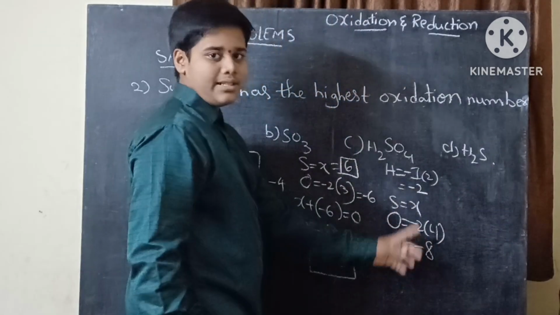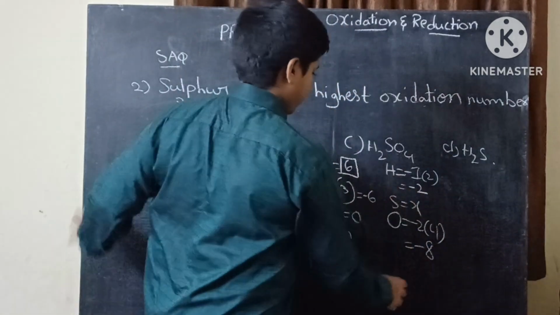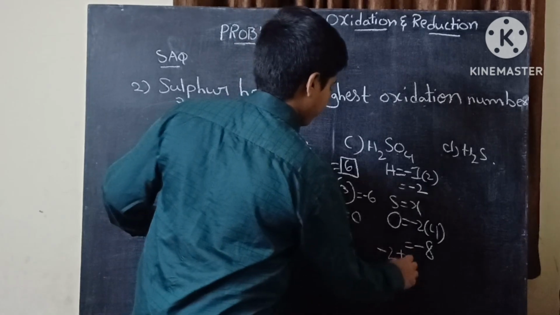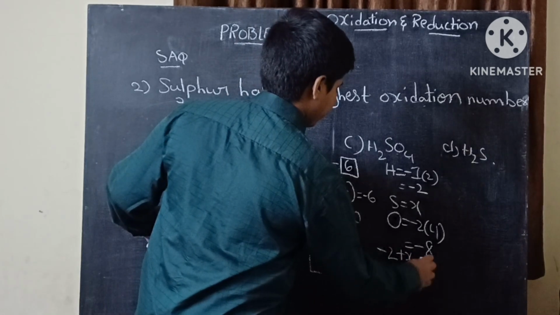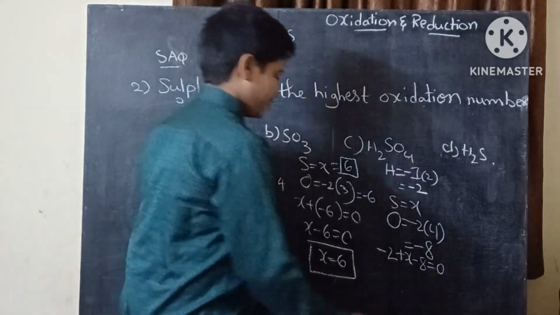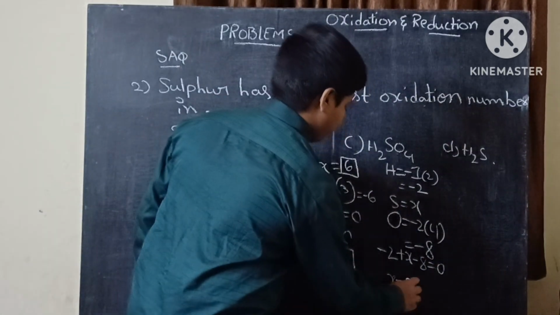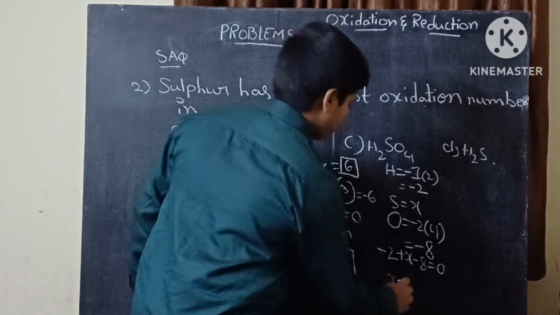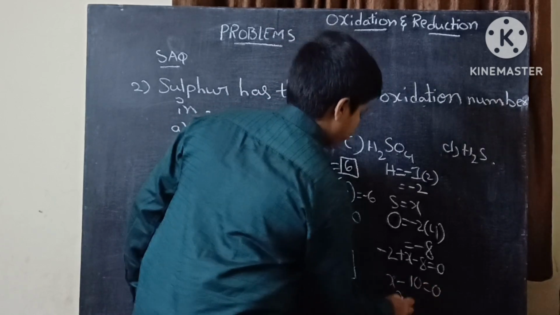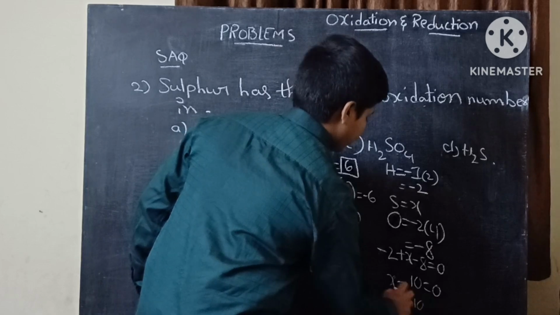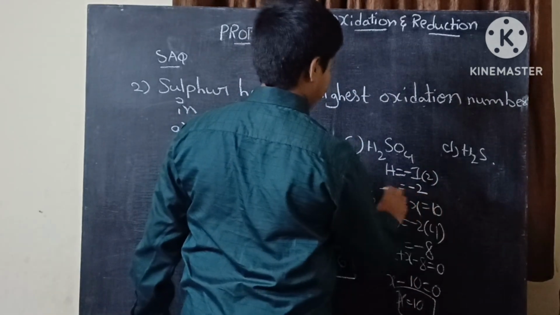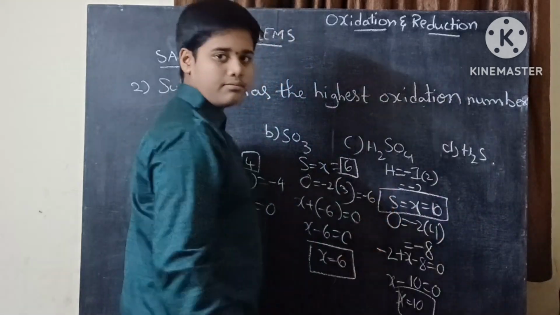We add these oxidation numbers: minus 2 plus X minus 8 equals 0. So X minus 10 equals 0, so X equals 10. Here the sulfur oxidation number is 10.